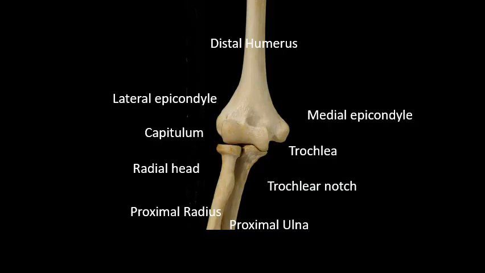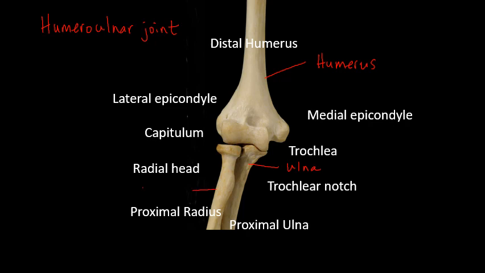Okay, moving distally down the body in anatomical position, we come to the elbow joint, or what we call the humeral ulnar joint. And it's made up of the humerus, the ulna, and the radius.